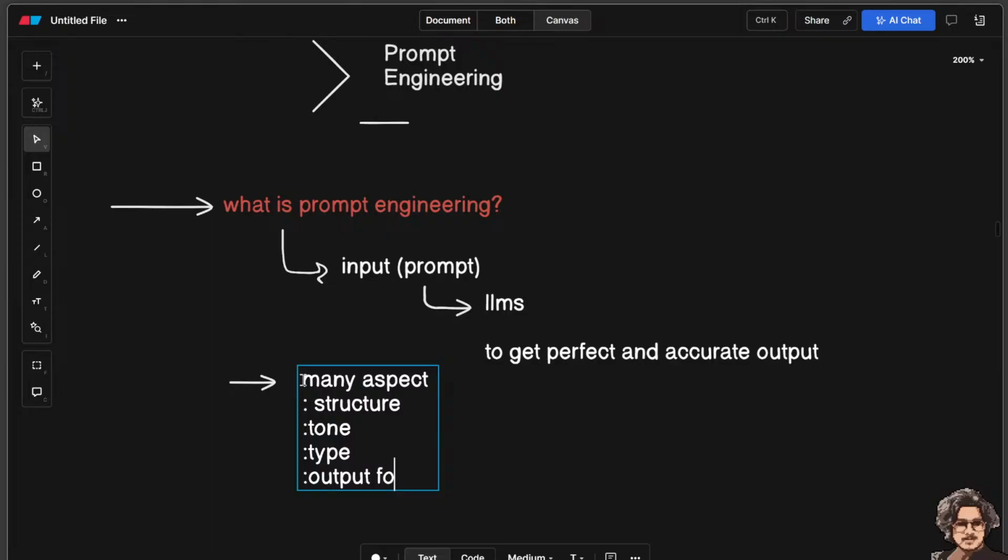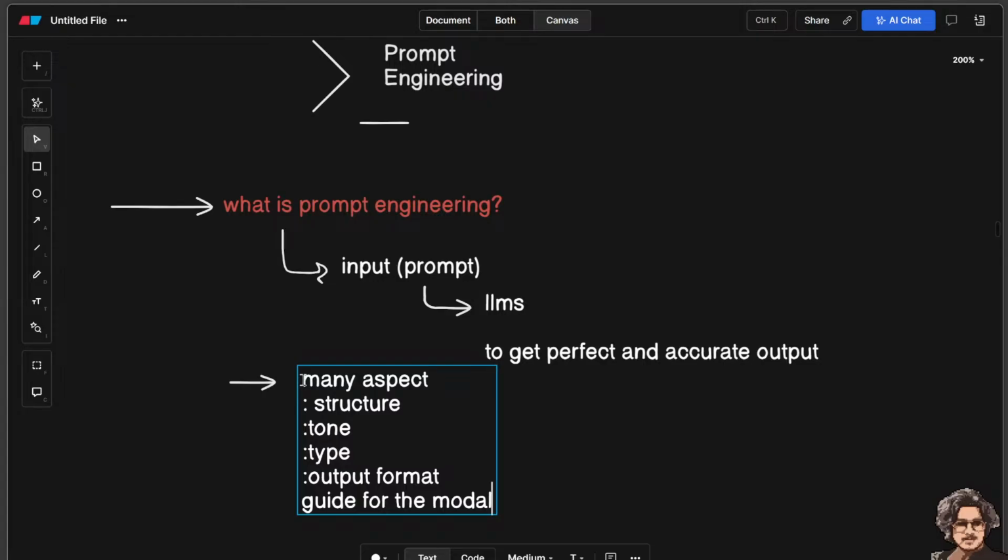We have to keep these things in mind so that it guides the model behavior efficiently. So it is like a guide for the models.